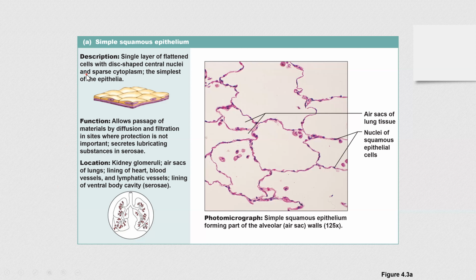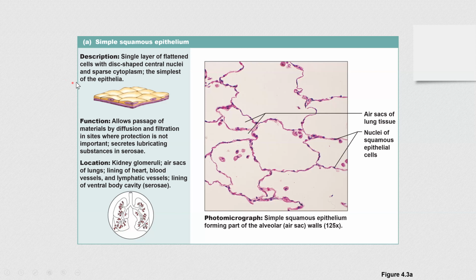It's called the principle of complementarity. Principle of complementarity tells you that if we pretty much know structure, we can predict the function, or if we know function, we can hypothesize structure.